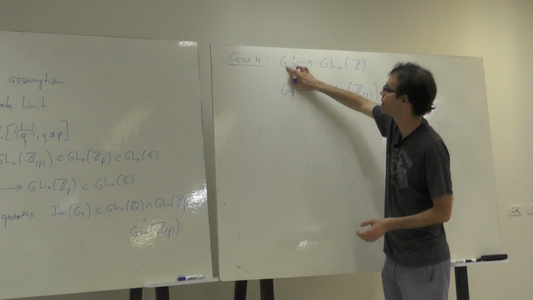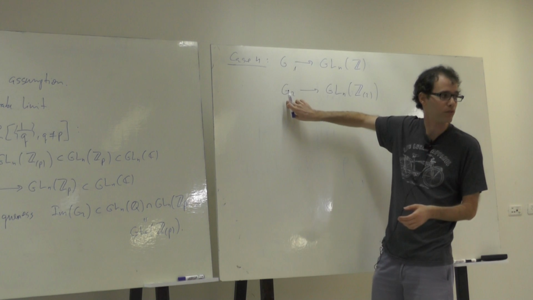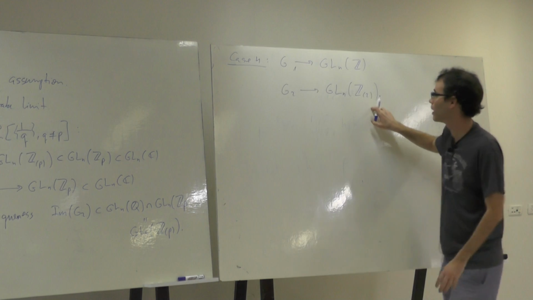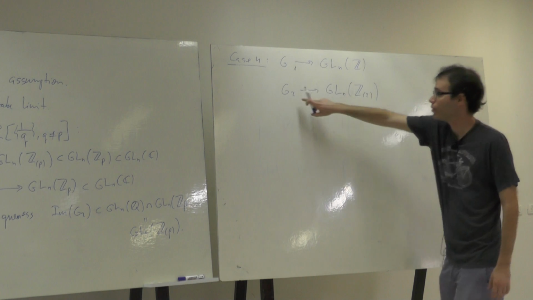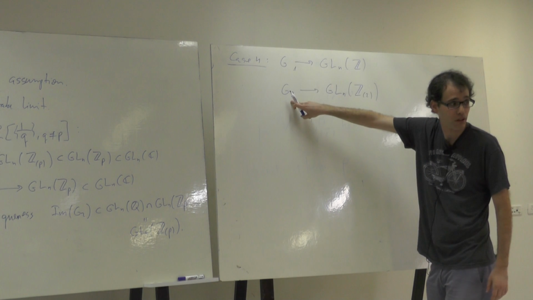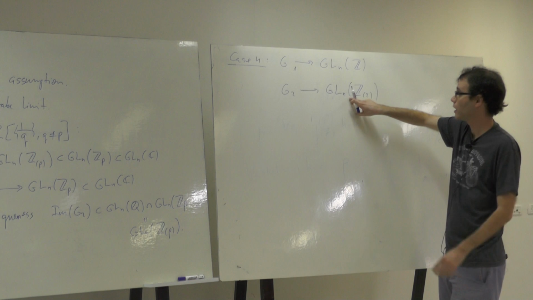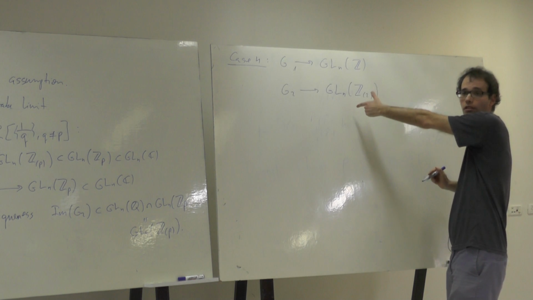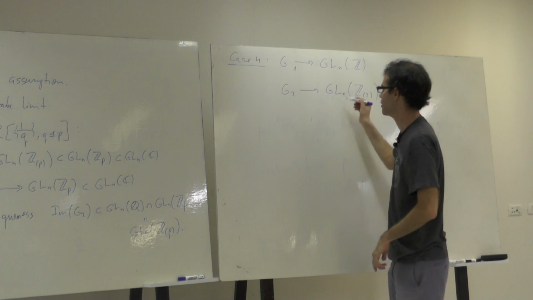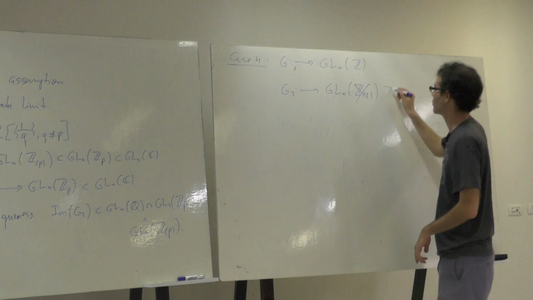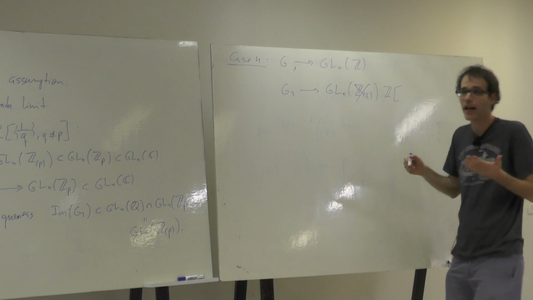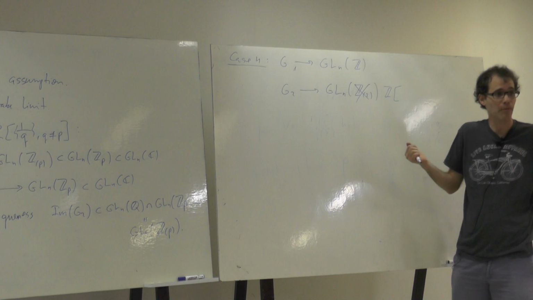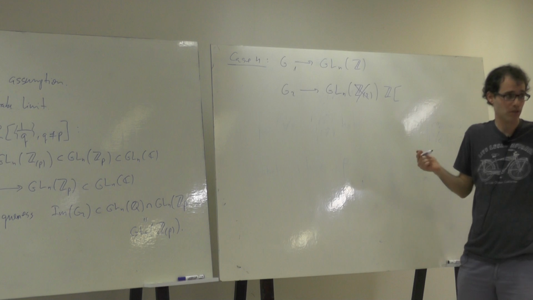So you start with G1 and you want to extend it to G2. But G2 is finitely generated. So it actually falls inside Z localized at finitely many primes, none of them being 2.